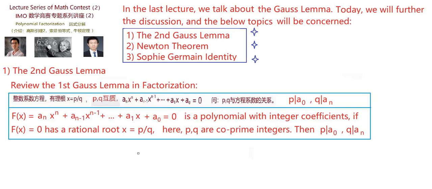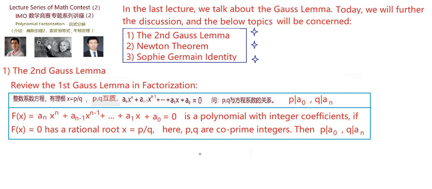Before we introduce the second Gauss lemma, let us review the first Gauss lemma in factorization we talked about last time. Say f(x) is a polynomial with integer coefficients, and f(x) equal to 0 has a rational root.